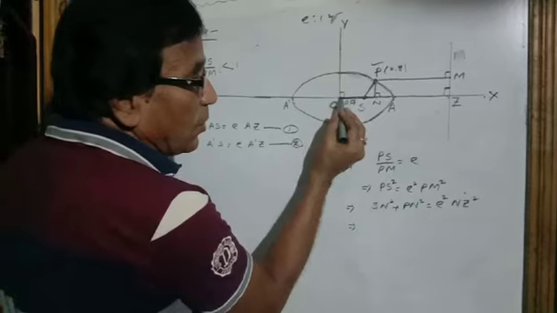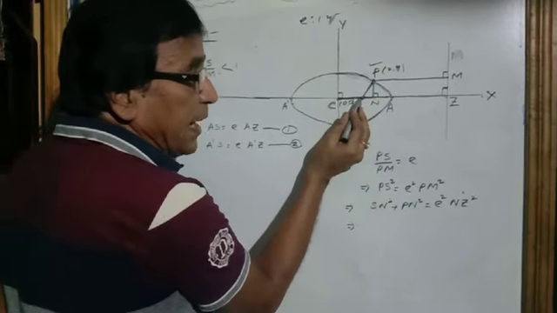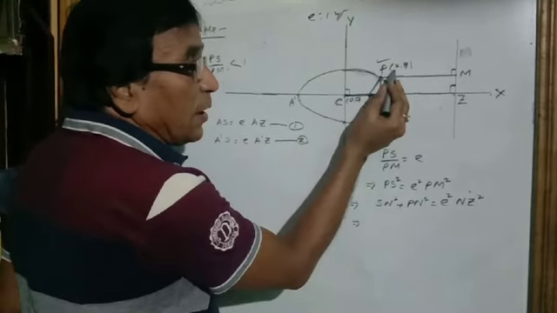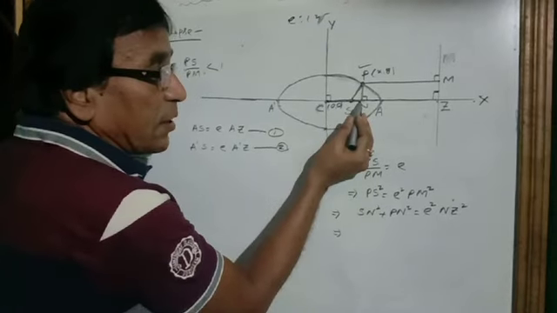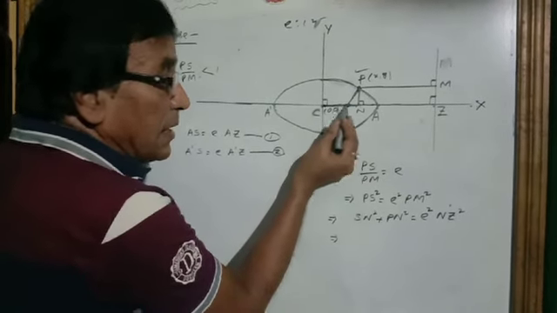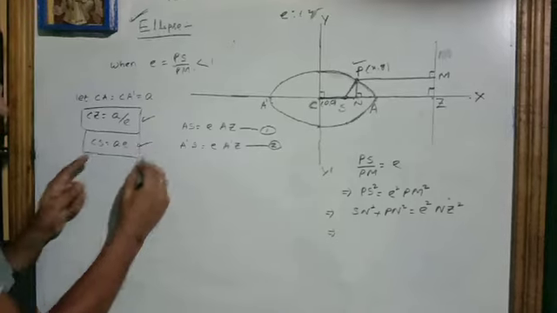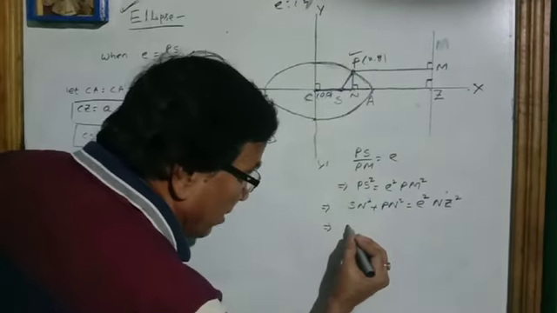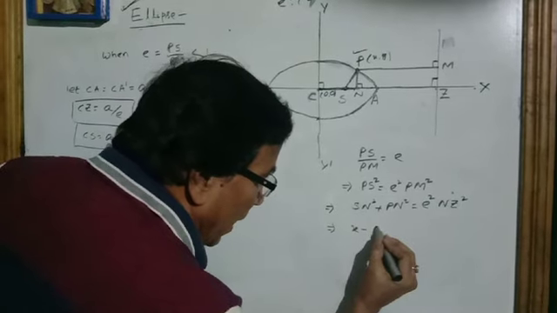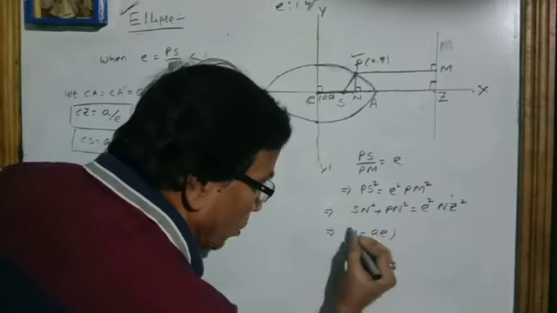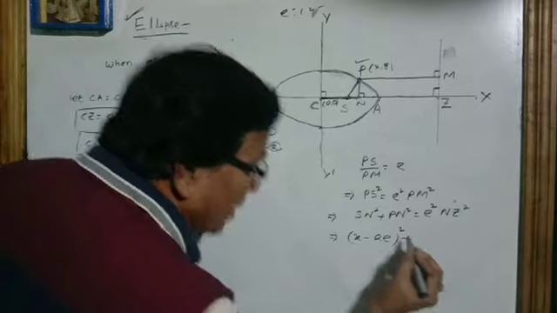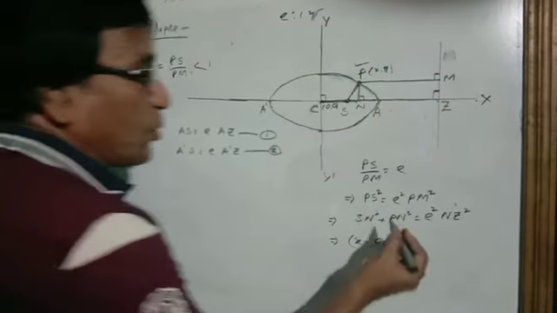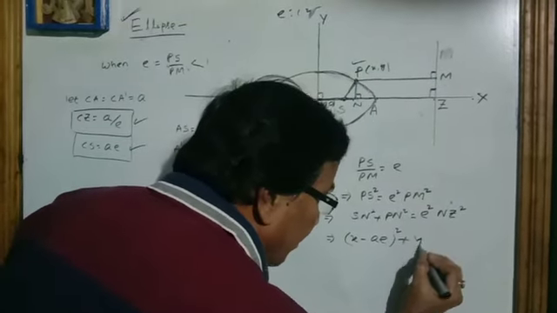Now what is SN square? SN is equal to CN minus CS. CN is nothing but x, so x minus CS. CS is equal to AE. So SN is equal to x minus AE, whole square, plus PN square. PN square is equal to y square.